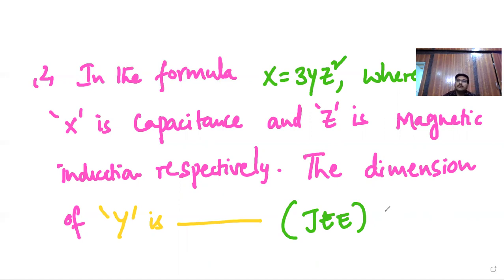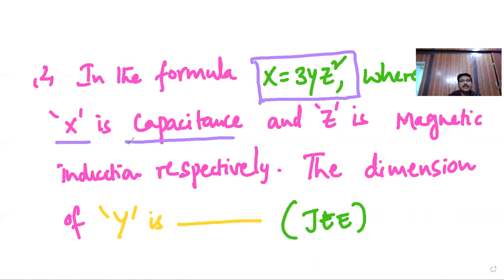Observe the question carefully. There is a formula given to you: x is equal to 3yz square, and it is defining what x is. X is defined as capacitance. Z is magnetic induction.